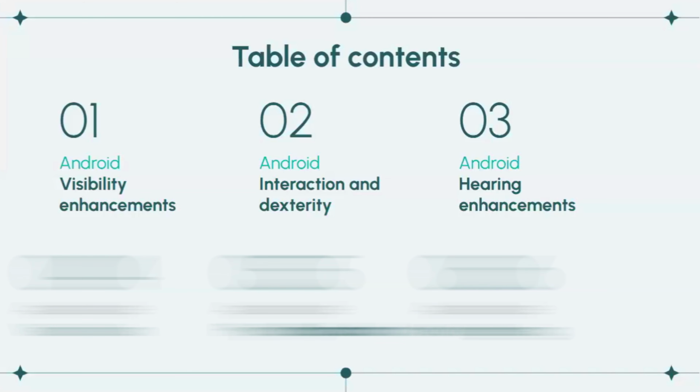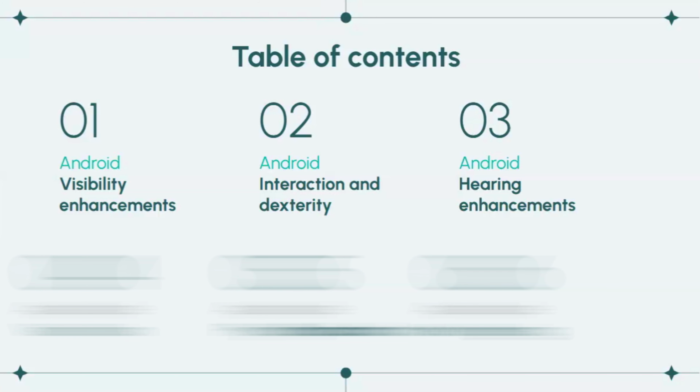Smartphones offer various accessibility tools that enhance usability for all users. Some key features include voice commands that allow users to control their phones without touching the screen, text-to-speech options that allow users to read text out loud, which is convenient for those with vision impairments.